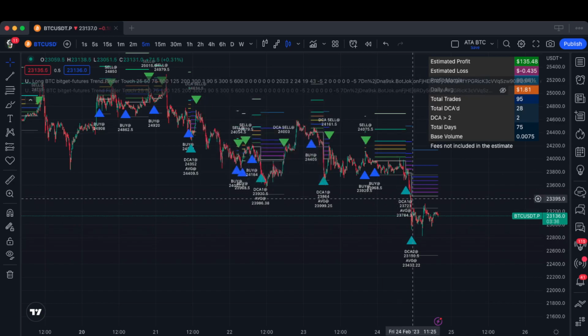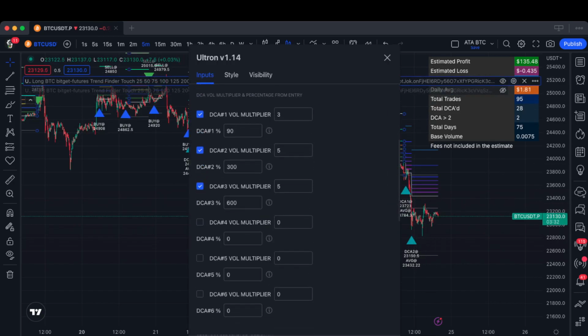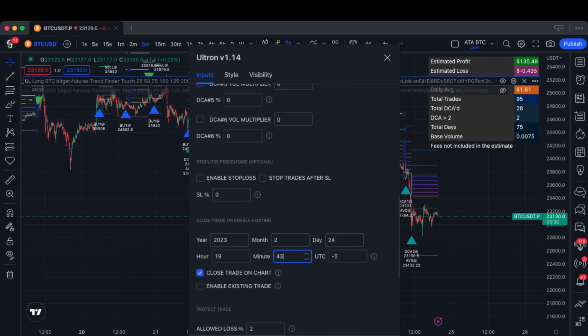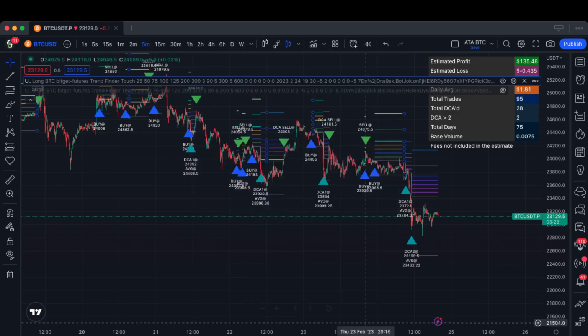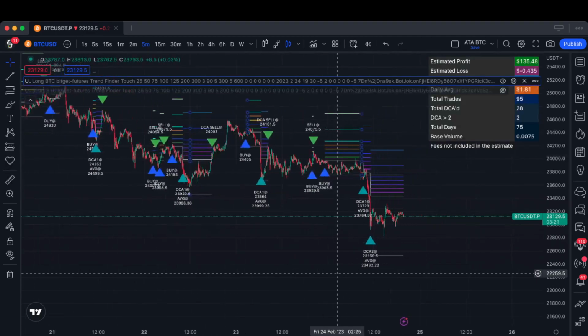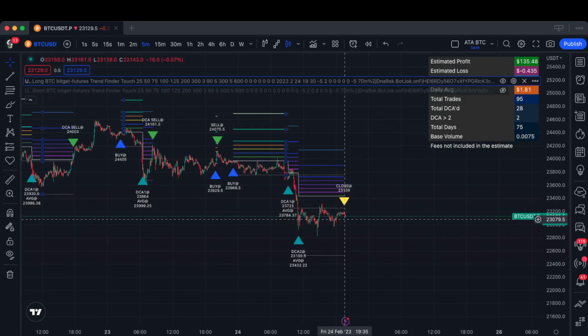So if you're using a higher time frame, what you're going to want to do is potentially push this back 5 minutes. We can do it as 40 or we can do it as 30, but you have to do it in increments of 5 minutes. When you do that, you can see now it populates on that closed candle.